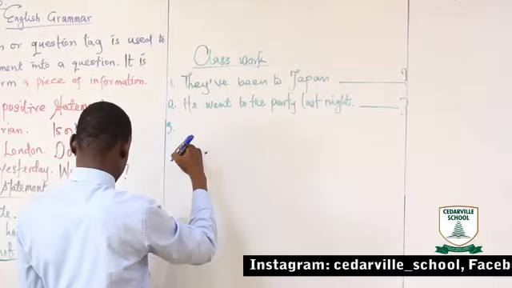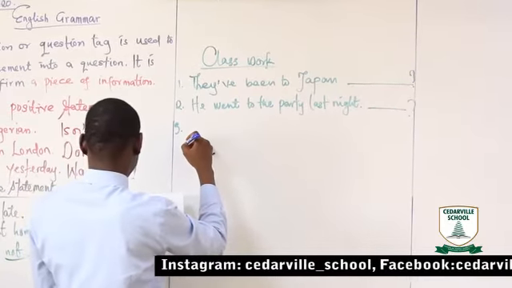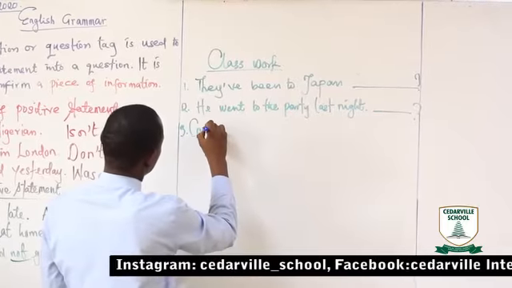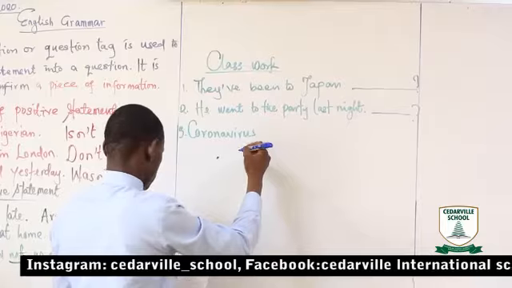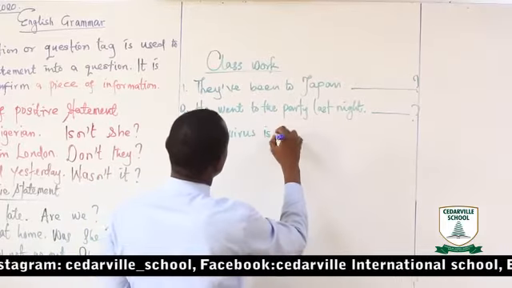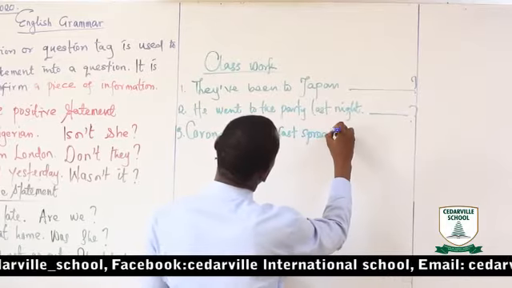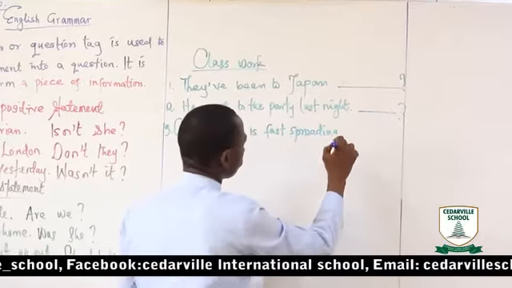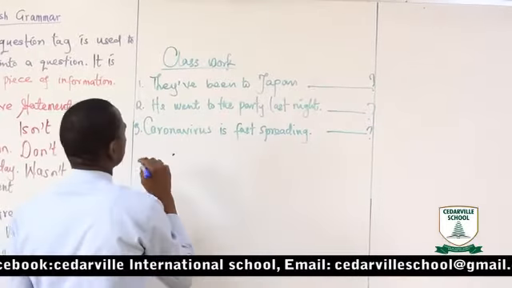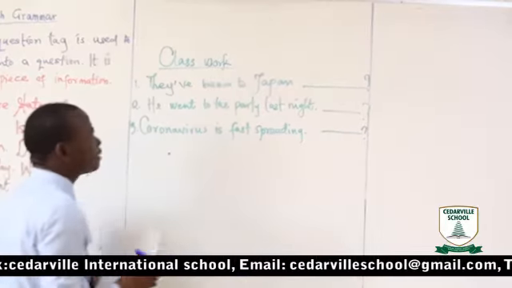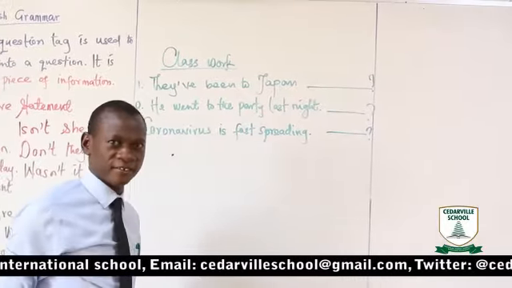Number three: coronavirus is fast spreading. Yes, this set of questions fall under positive statements.